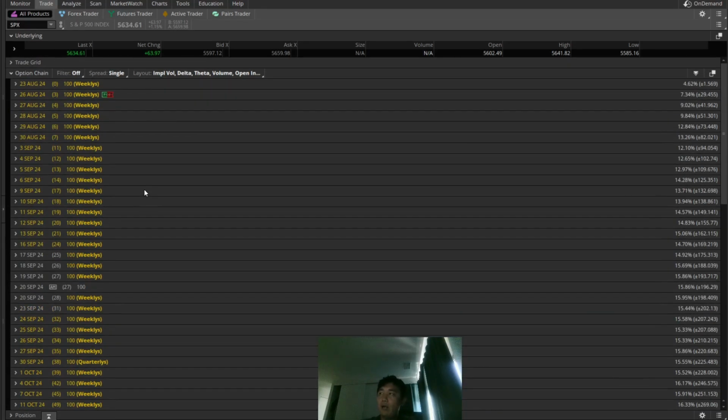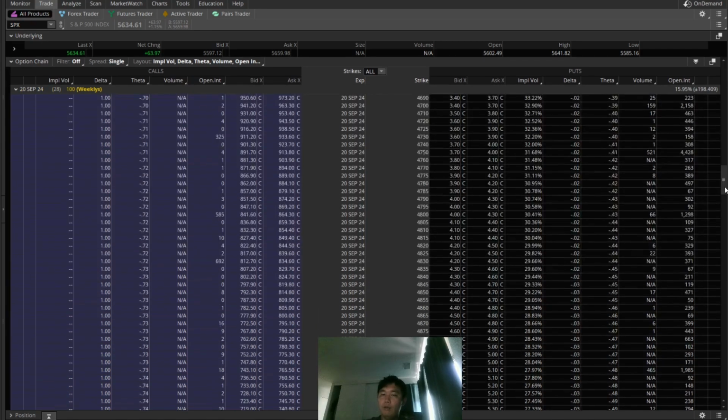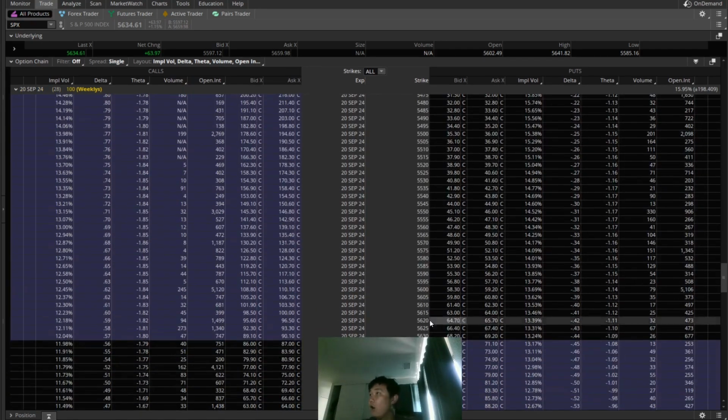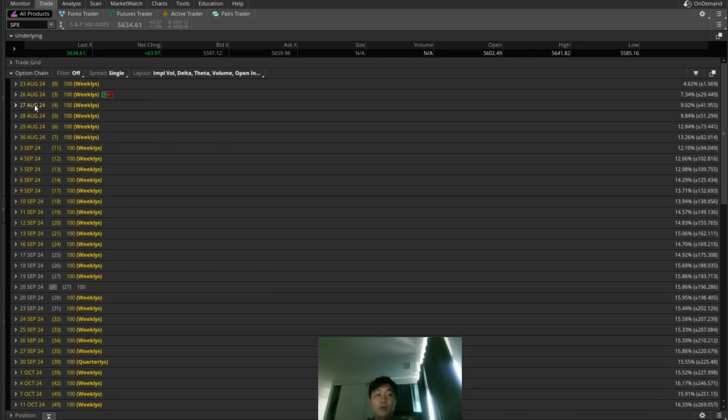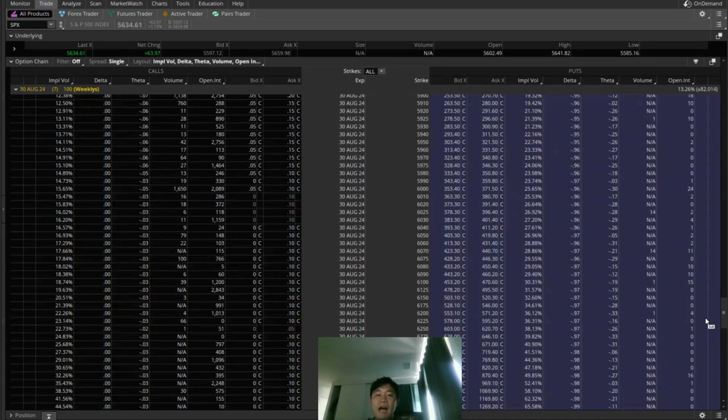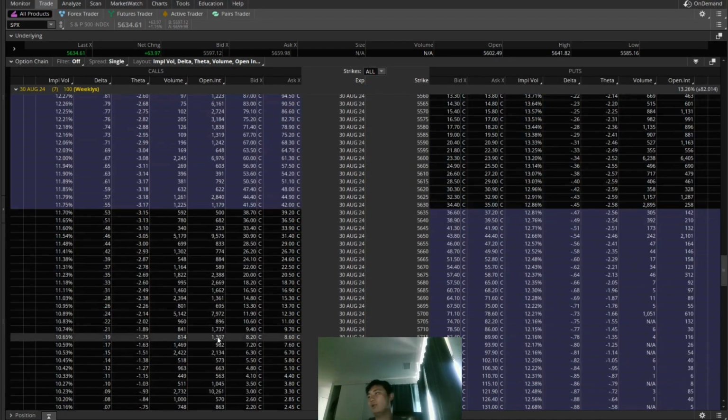You have to be really careful how far out you buy the vertical spread. People think that the longer, there's kind of two schools of thought. You can buy something that's cheaper and closer in time, but you kind of offset the value of having that short strike, and you're going to be more susceptible to theta burn.